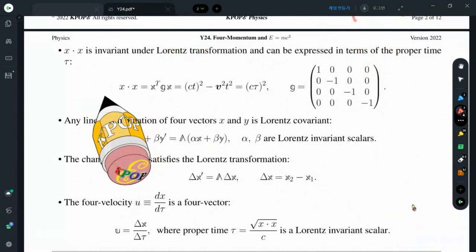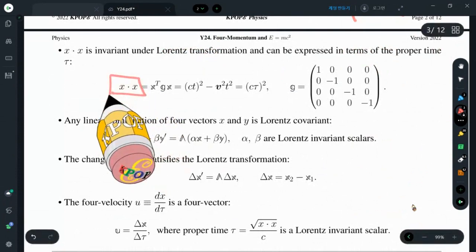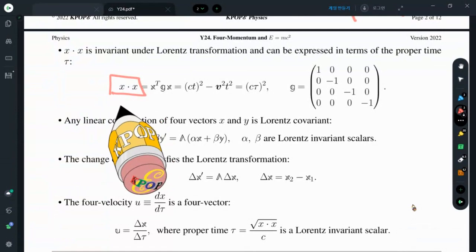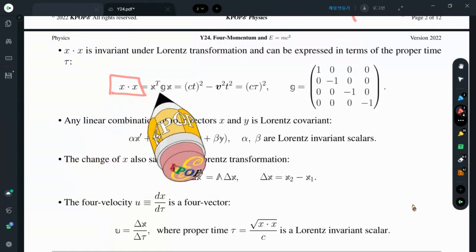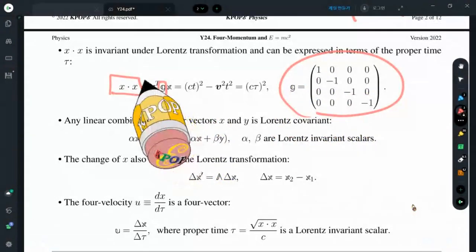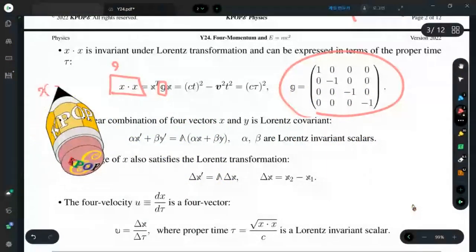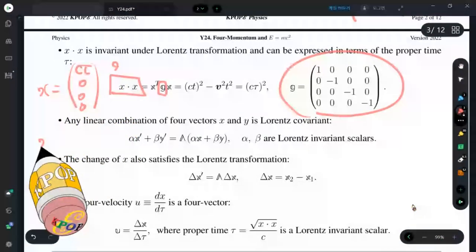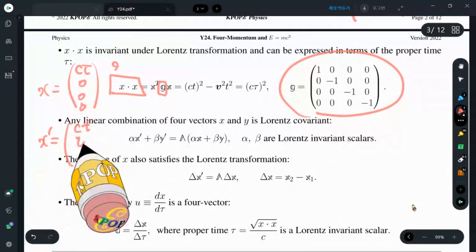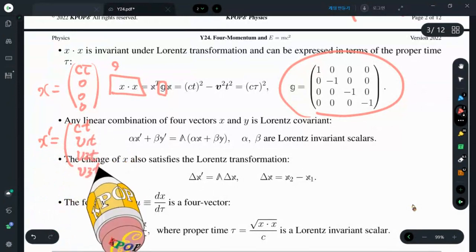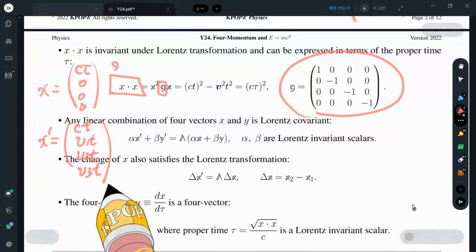As we already studied, the scalar product of a four vector that is defined not in a Euclidean space but in a Minkowski space has a metric of this form. Therefore, the square of this four displacement, at the rest frame cτ, 0, 0, 0, and in the moving frame ct, v1t, v2t, v3t, the Cartesian components of the velocity, something like that.